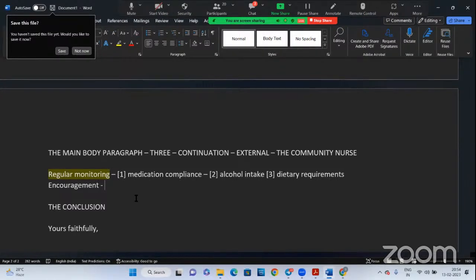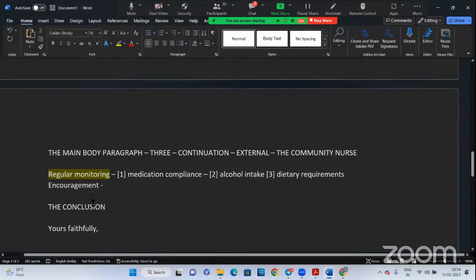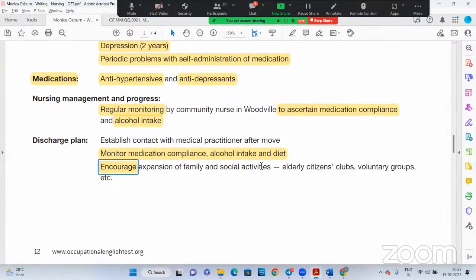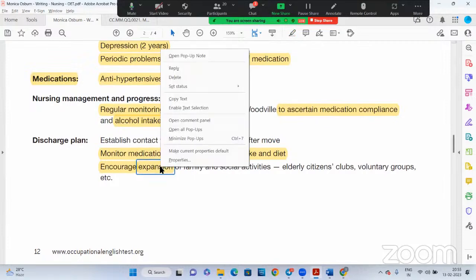Continuous encouragement. Now let us see. First one is expansion of family and social activities, family get-togethers. So the first one is family activities, expansion.